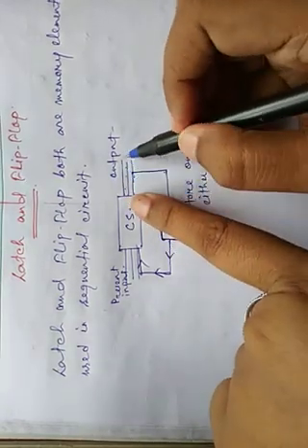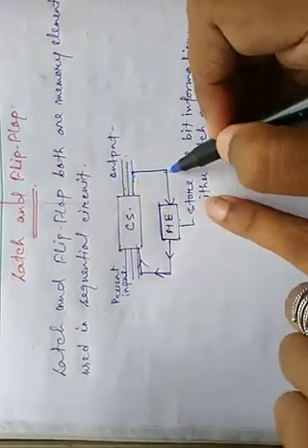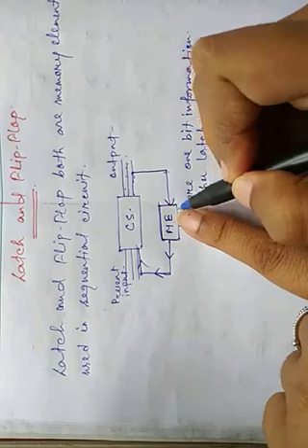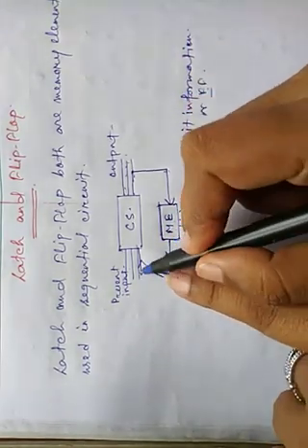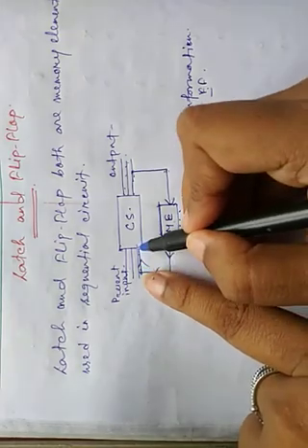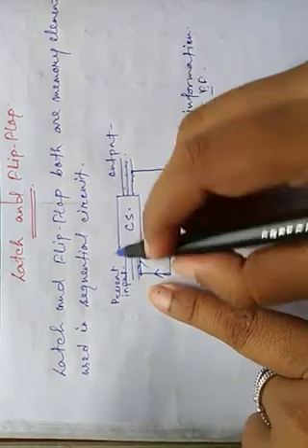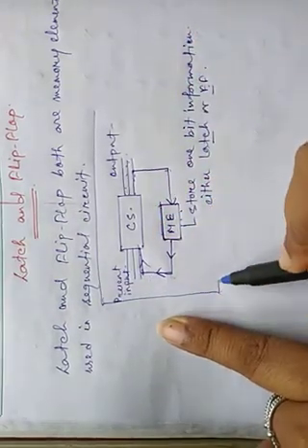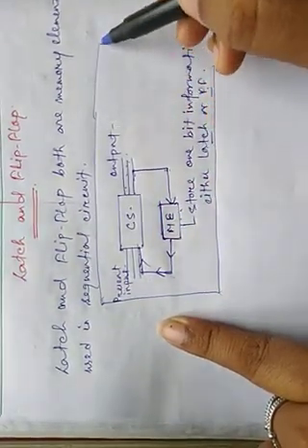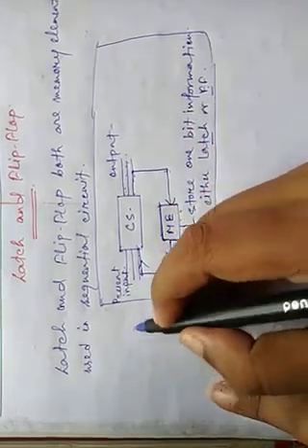That means the output of a combinational circuit is stored in the memory element, and this type of structure is known as a sequential circuit.